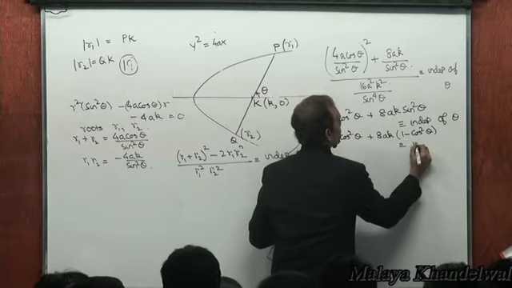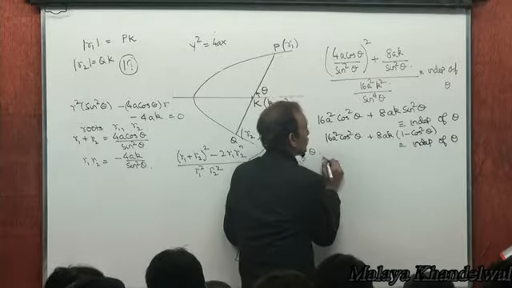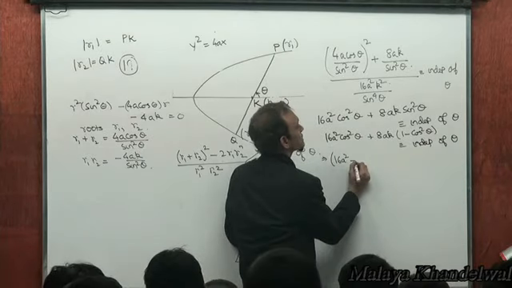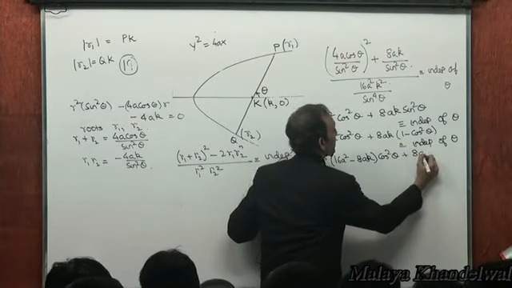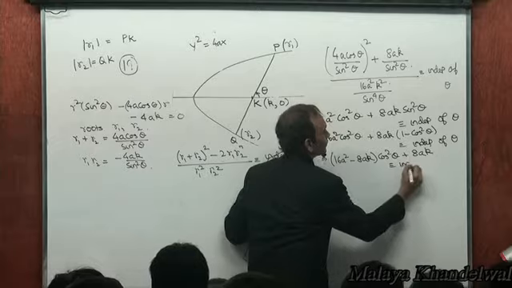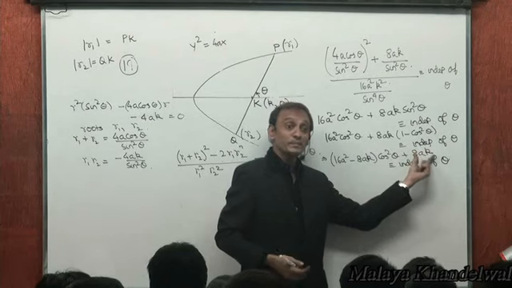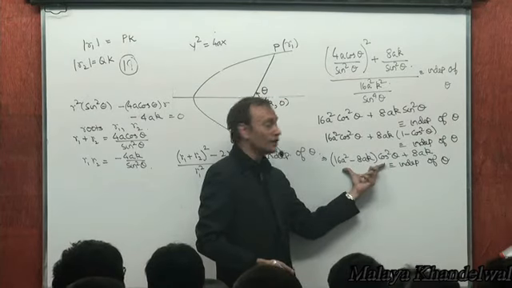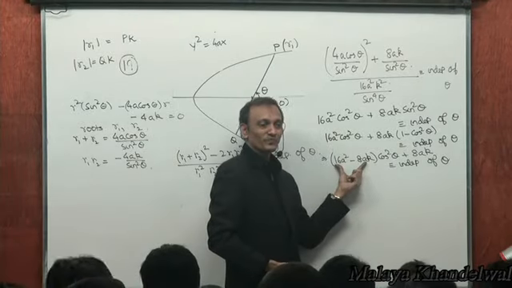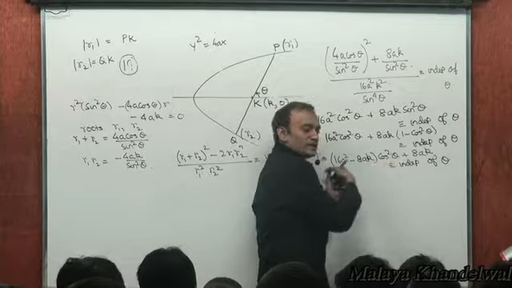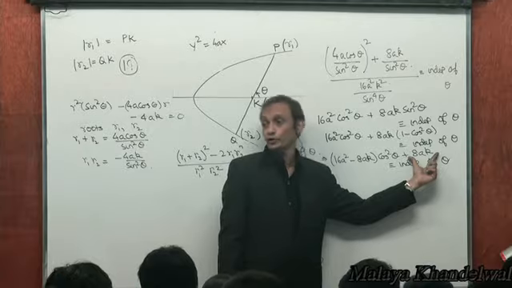This you want to be independent of theta, or you want (16a squared minus 8ak) cos square theta plus 8ak to be independent of theta. 8ak is anyway independent of theta, don't have to bother about it.